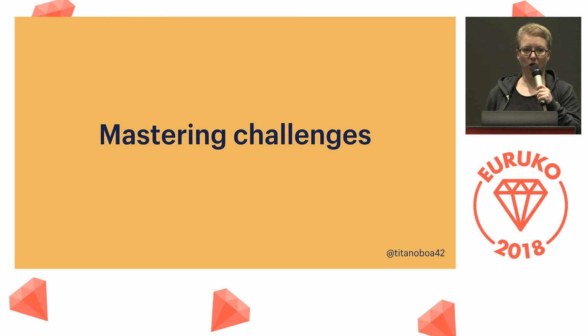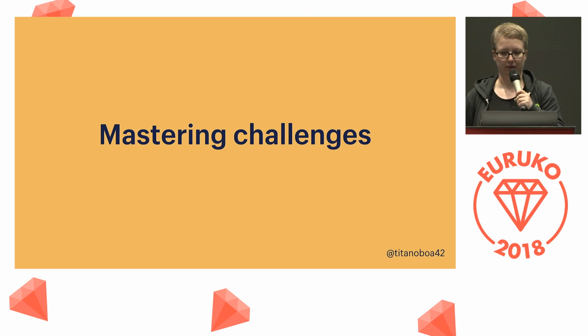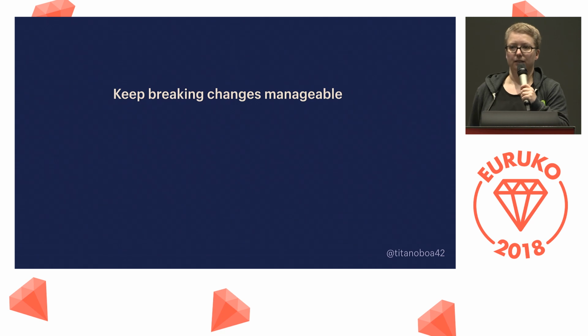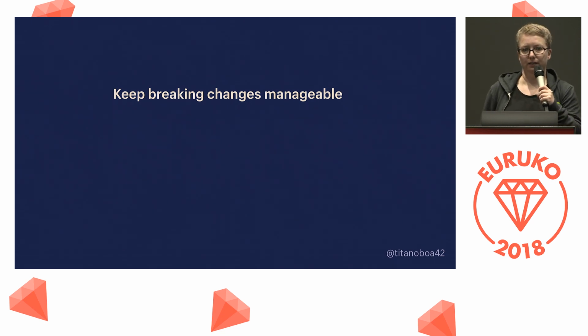Similar to background jobs, we are facing some challenges due to the asynchronicity of the communication. Our messages are a data-based interface, and sooner or later we need to make some breaking changes to that interface.